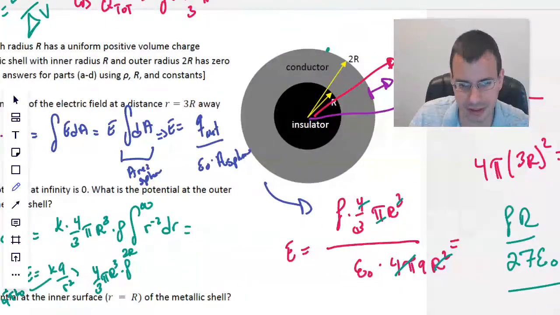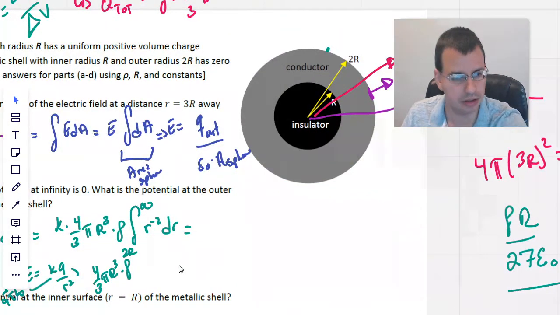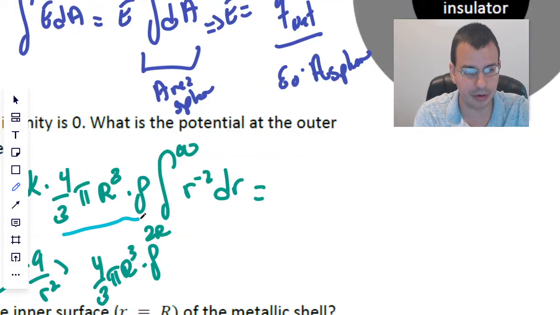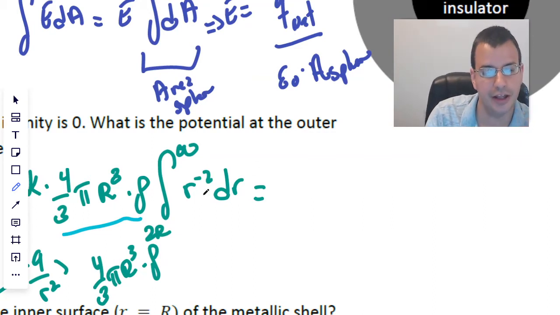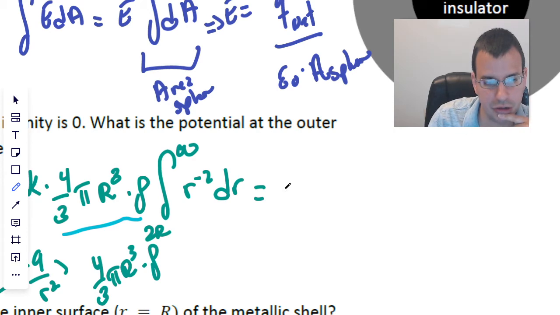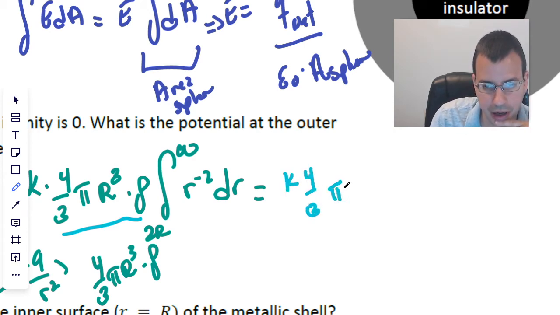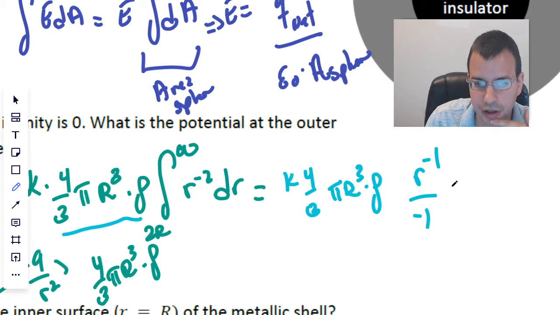Let me clean some of this off to give myself some space. I was able to pull these out of the integral because they are constants. Then we just have to take this integral right here. So we get k times 4/3 pi R cubed rho times r to the negative 1 over negative 1.